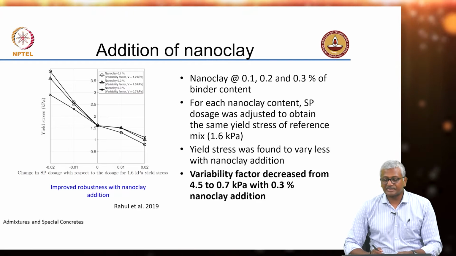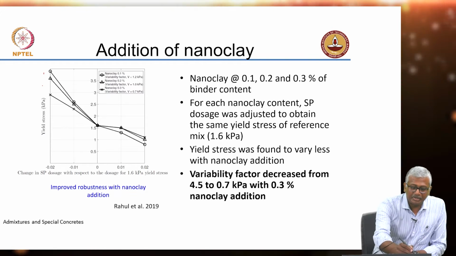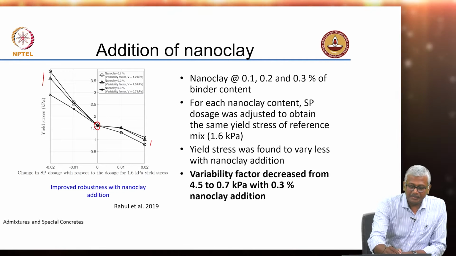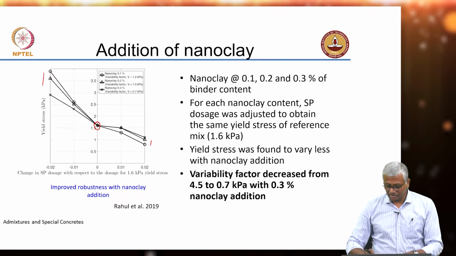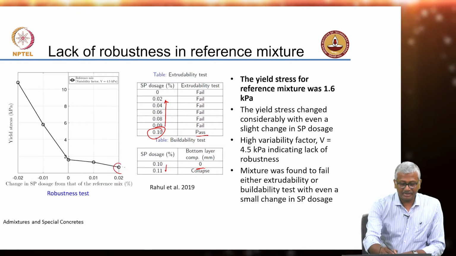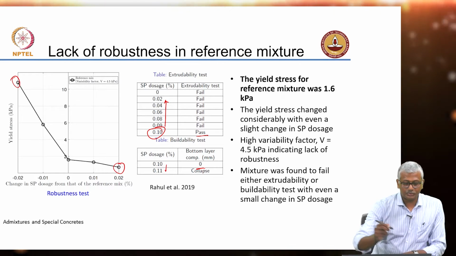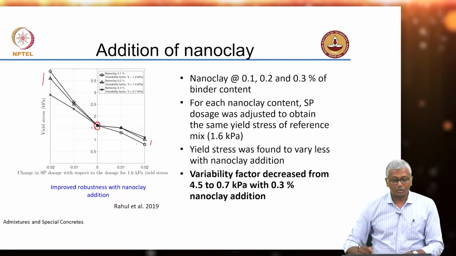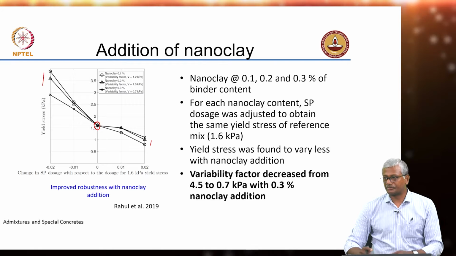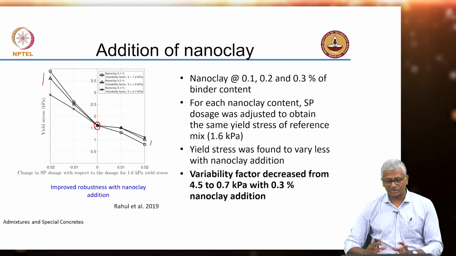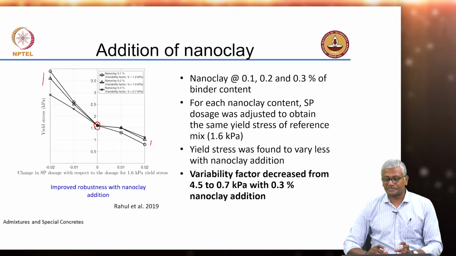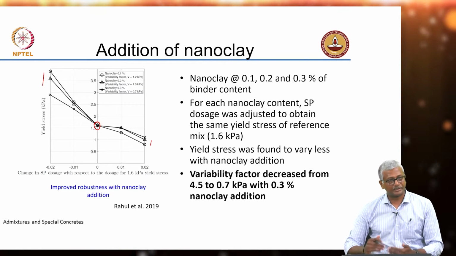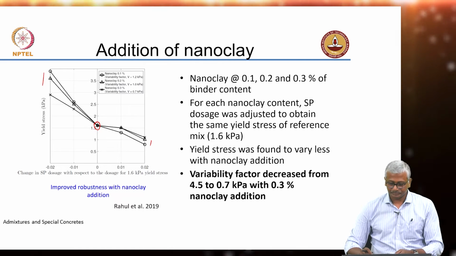Here nanoclay is added at 0.1, 0.2 and 0.3%. You can see that there is still variability as compared to the central dosage, but if you compare here, the variability is significant. It goes all the way from 1 to 10, whereas here we are talking only about 1 to about 3, 3.5. So it is not really changing much. The yield stress is not changing much. All of these mixes passed with respect to extrudability and buildability.